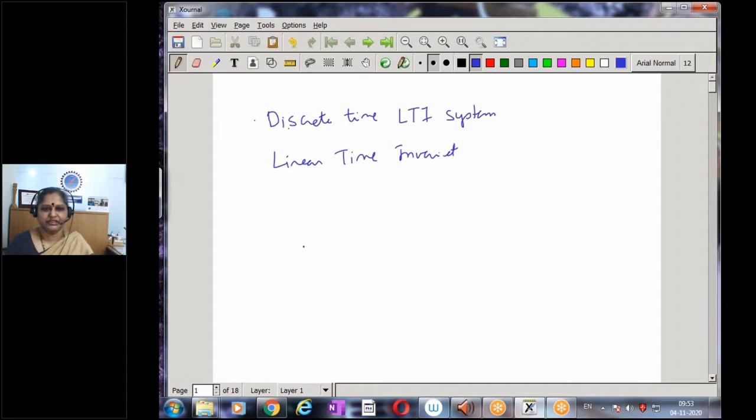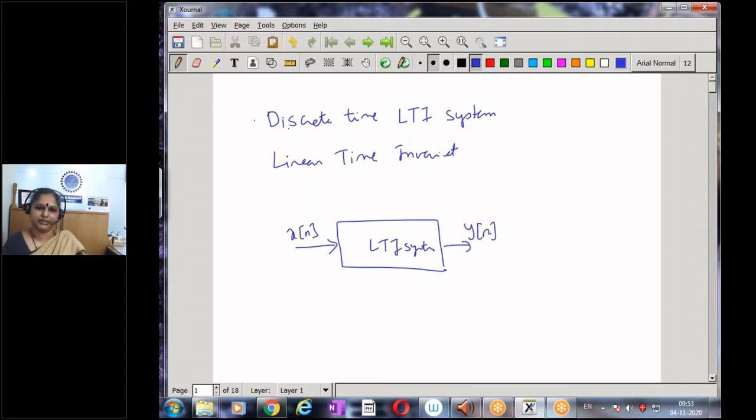So essentially, a discrete time system accepts an input signal x[n]. Say I have an LTI system, and as output, we get another discrete time sequence y[n]. So this is a sequence.